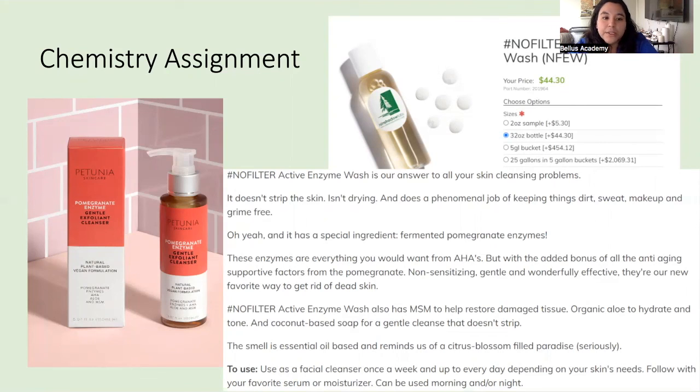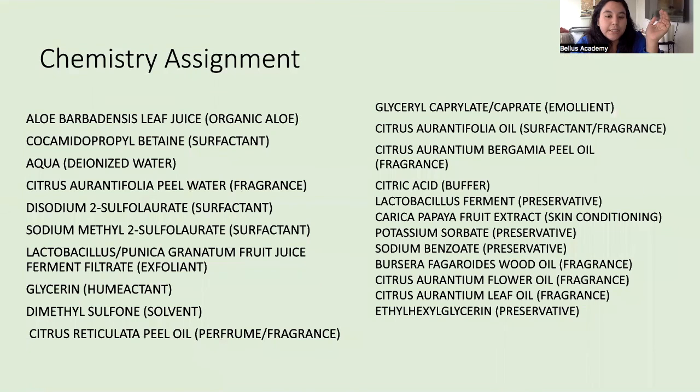And yeah, so the more you know, right? If you guys have any questions about the chemistry assignment, I will answer them. I'll be available by email. But basically, you have 3 ingredient decks. I want you to break them down like we did here, and then tell me what the product is. So you have 3 of those, and then you have to do that with 2 of your own skincare products.